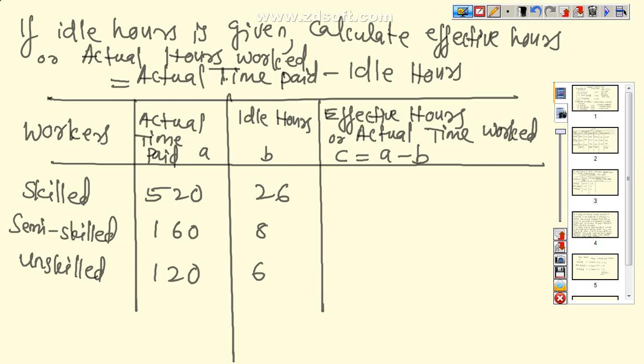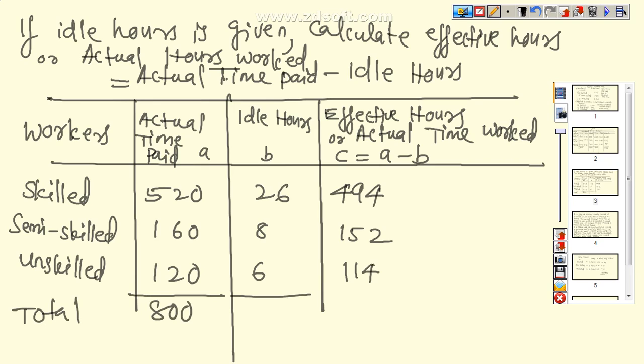That is 520 minus 26 is 494, 160 minus 8 is 152, 120 minus 6 is 114. So total is 800, here 40, and here it is 760. Now this is the total of actual time worked, and this is the total of actual time paid for.